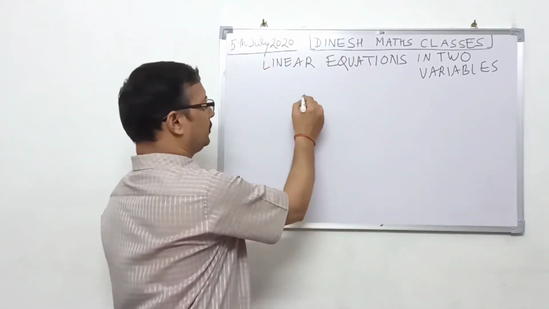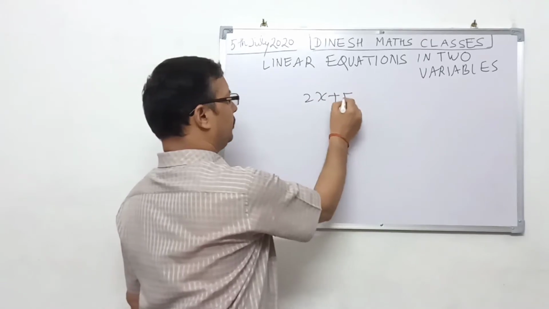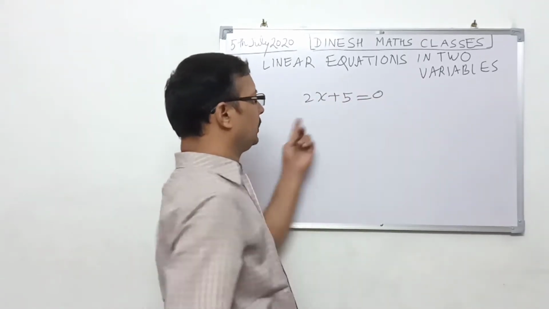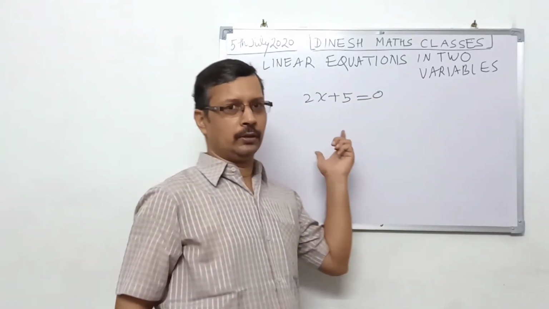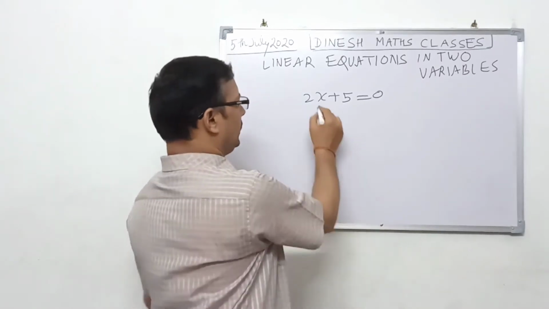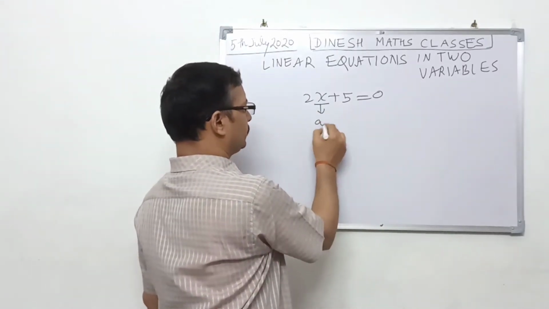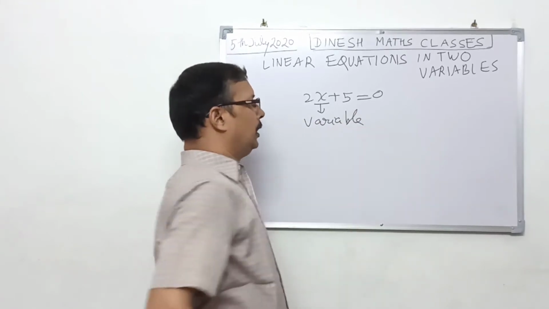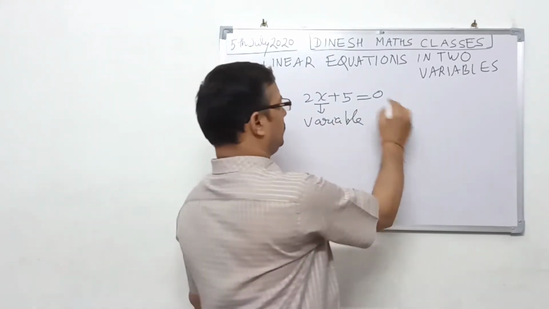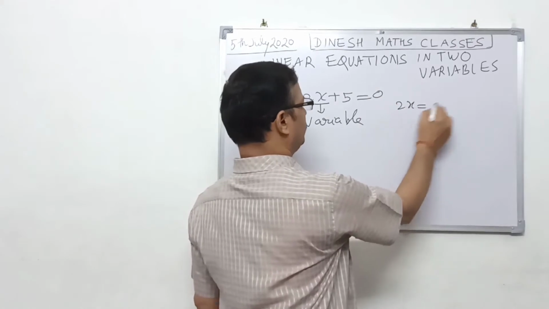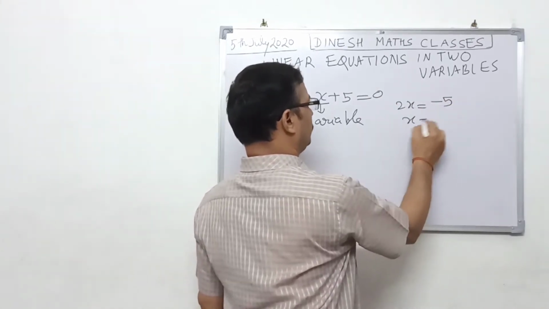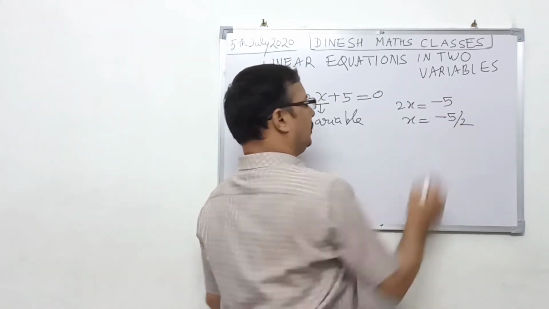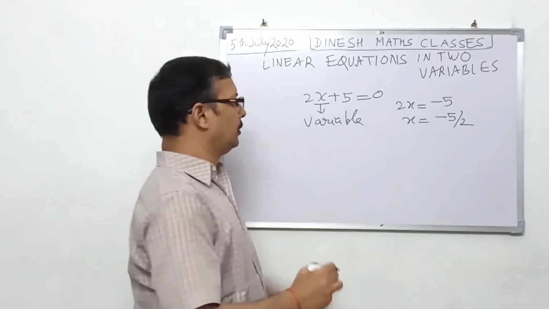For example, 2x plus 5 equal to 0. This is an example of linear equation in one variable. Here x is the variable and you know how to solve this. Transferring, 2x equal to minus 5, x equal to minus 5 by 2. So linear equation has only one solution.